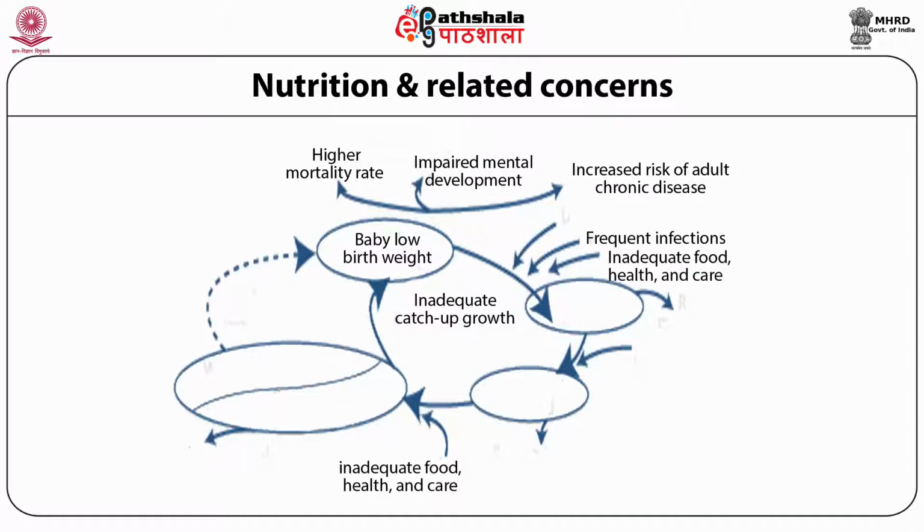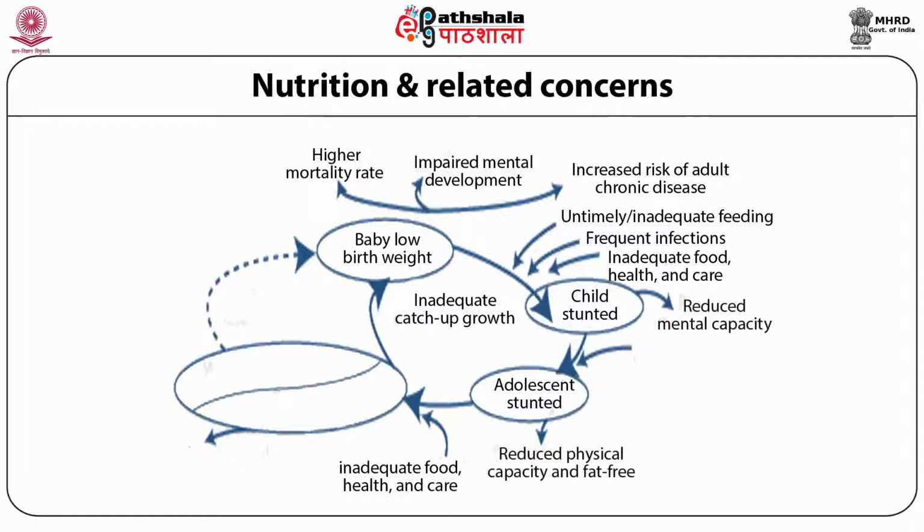Inadequate food may result in improper health and care, and inadequate feeding of a child who is already low birth weight may result in a stunted child, with inadequate height for their age. A stunted child may develop into a stunted adult if complemented with inadequate food and health care. Then the adolescent may be stunted as well, with reduced physical capacities and less fat-free mass.